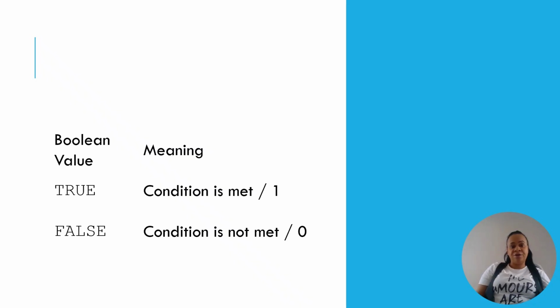We know the value of one is true, and that condition is met. And if it's false, the condition is not met, and it's a zero. We'll go back onto that in another lesson, but that just represents our Boolean data types of true and false.